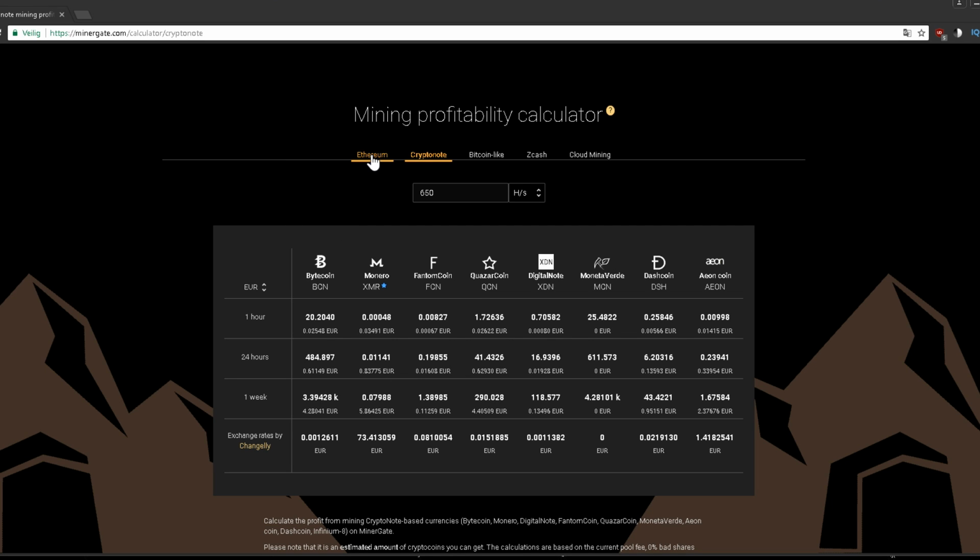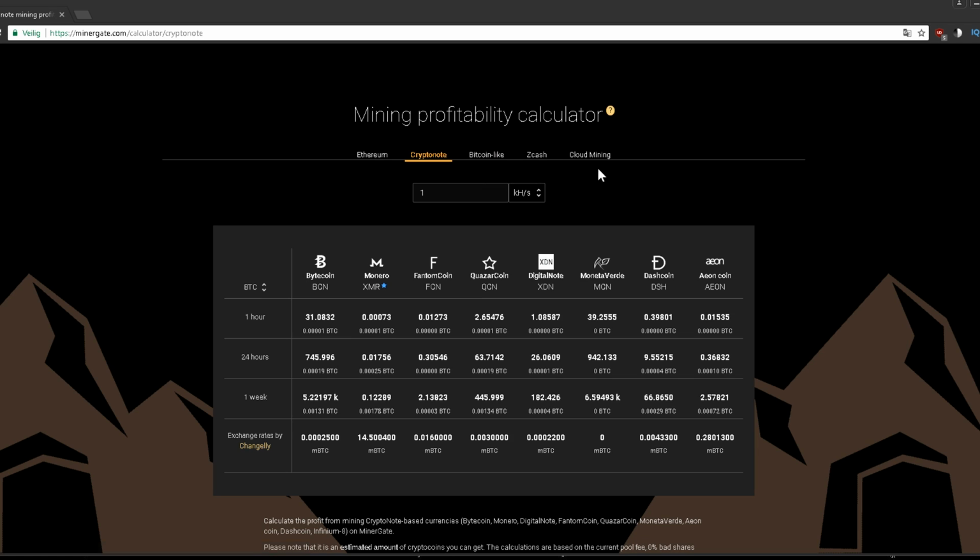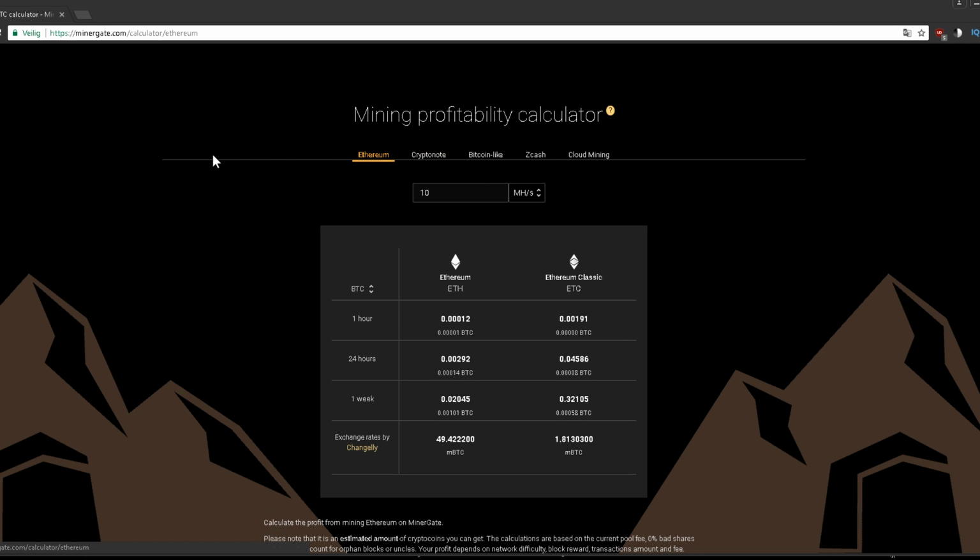Now, all these currencies have different algorithms that they use for mining. So Bitcoin and Litecoin use, I think, SHA algorithms to mine, different than, say, CryptoNote and Ethereum.